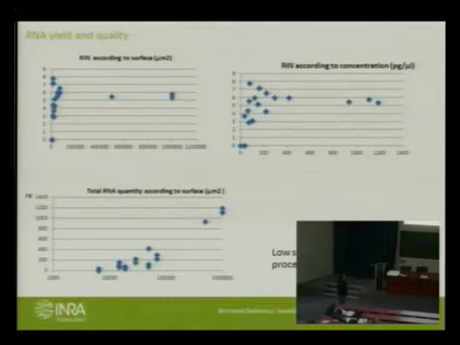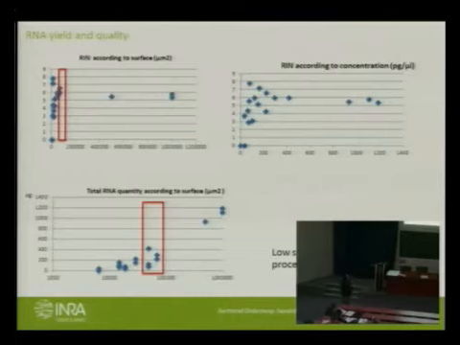So we need to decrease the quantity needed for RNA-seq experiments to increase the speed and to increase the sensitivity. Our running conditions are more or less 40,000 square micrometers, which produces more or less 0.4 nanogram total RNA.